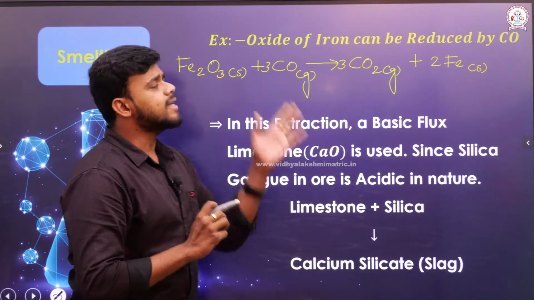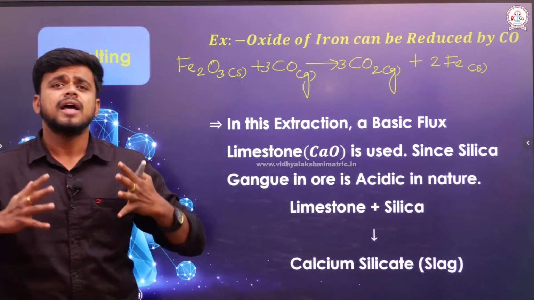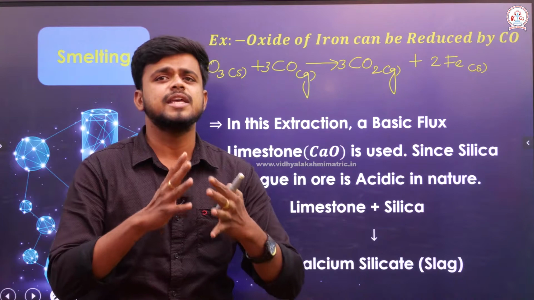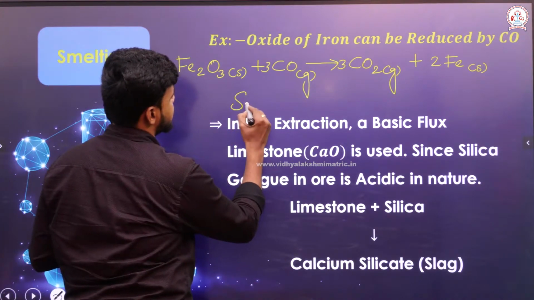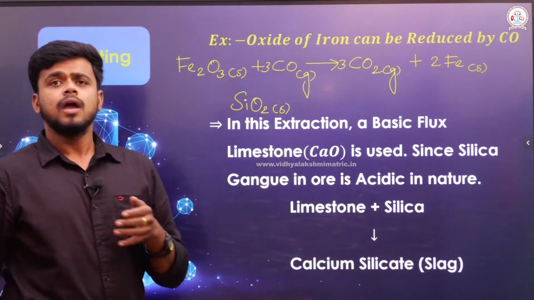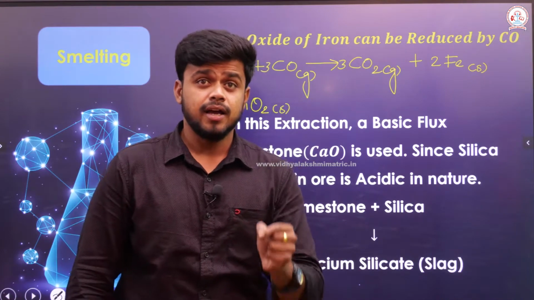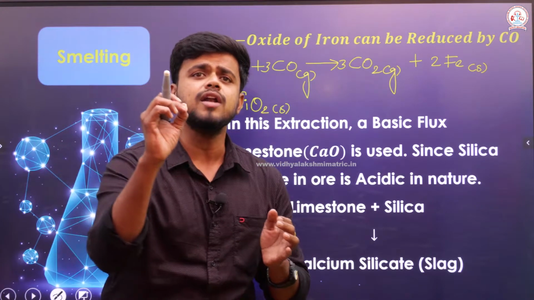Okay. In the extraction of iron, we will be able to find a gangue which is existing as an impurity. The gangue that it could possibly have is silica, SiO2. In order to remove this gangue, we have already learned that I must add a substance called flux.